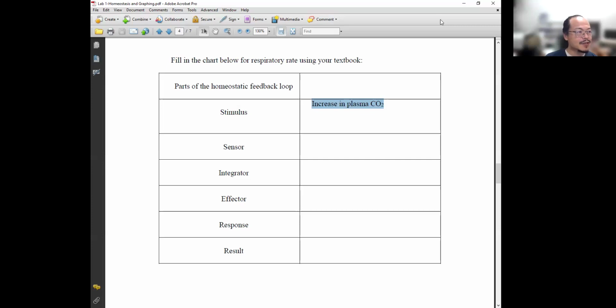So breathing, we don't try to maintain the same breathing pattern over and over again. That's not the purpose.